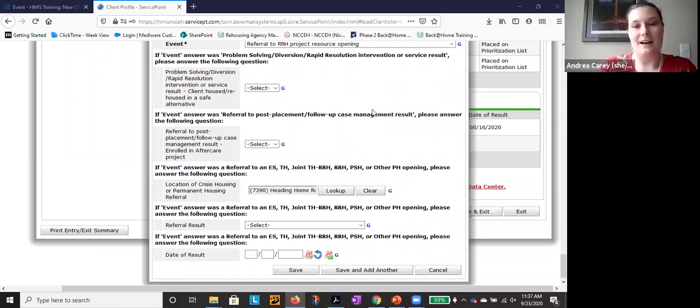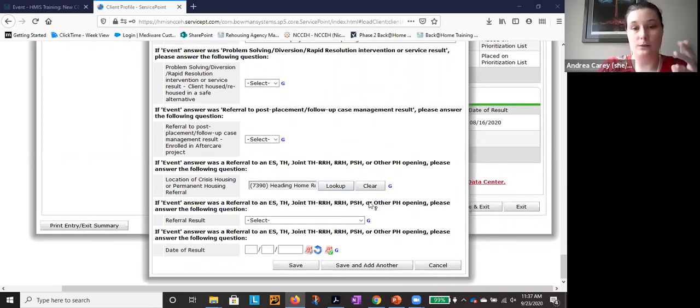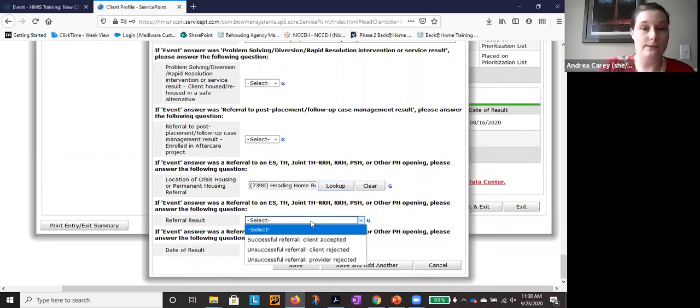Absolutely. All right. And so then as the person that is referring to another project, I would actually just save this response here because I'm still waiting for a referral result, right? But just to show you this dropdown, we have referral results of successful or unsuccessful with some different reasons.